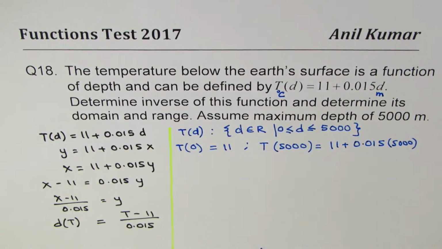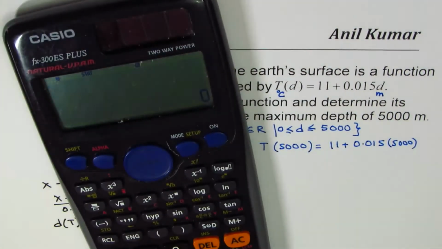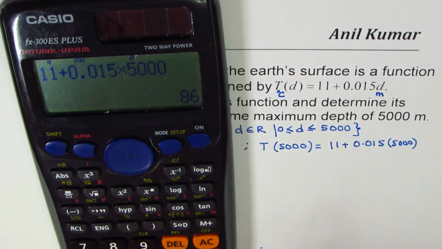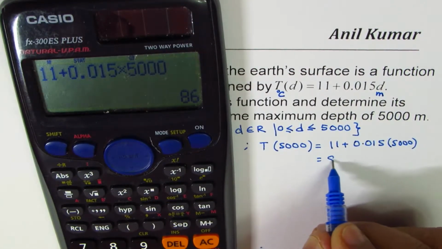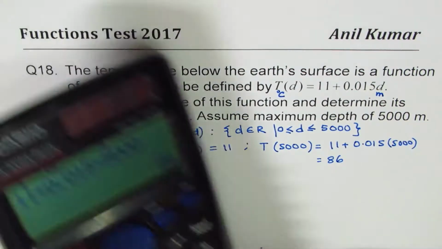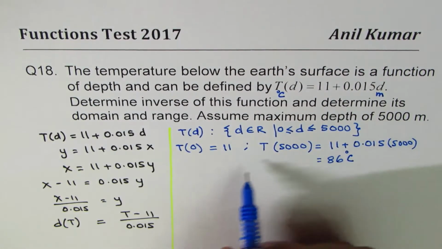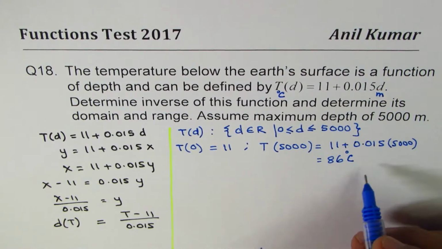Let's use a calculator to calculate this. We have 11 plus 0.015 times 5,000, which is 86. So this equals 86. We are assuming temperatures to be in degrees centigrade and depth d in meters.